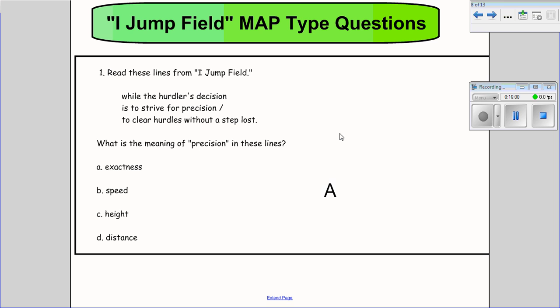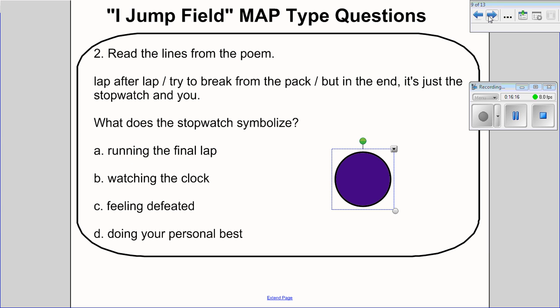Now, a good strategy is to replace that word with your new definition and see if that makes sense. While the hurdler's decision is to strive for exactness to clear hurdles without a lost step. Absolutely, that makes sense.